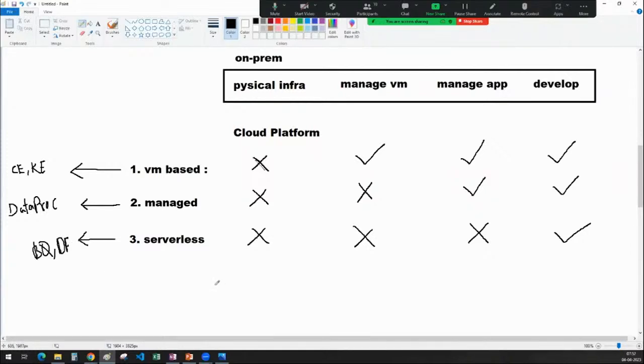So you need to categorize the services in such a way that it will be very helpful for you to understand them. Because in a company, if a client says we are looking for a serverless platform, you should be in a position to understand what a serverless platform is.